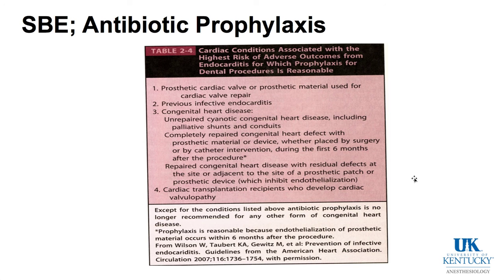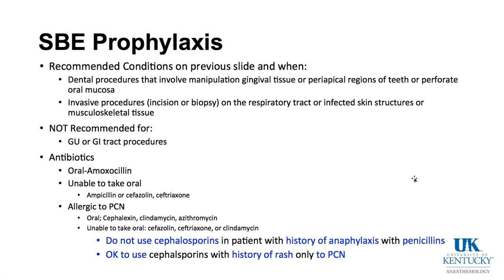If they've had something closed with, for example, Gore-Tex, and it hasn't had a chance to endothelialize over time, usually less than 6 months, this would put a patient at highest risk for endocarditis. And then cardiac transplant patients who develop cardiac valve problems also. Those are the highest risk patients where we really need to think about SBE prophylaxis.